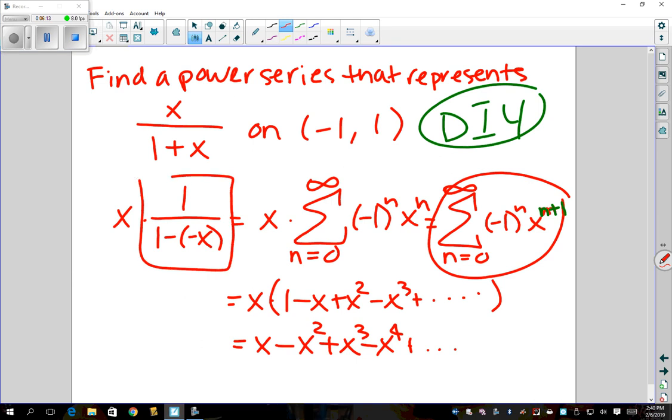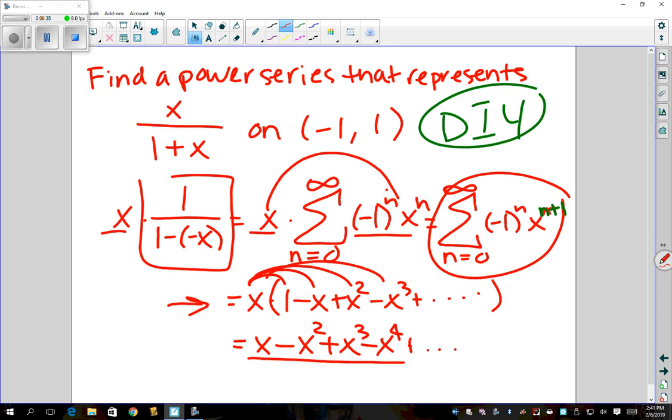We already know that this series is -1 to the n times x to the n, and we multiply that series all by x, so you can see we infinitely distribute, but then this ends up being -1 to the n times x to the n plus 1. You can do it this way, or you can just distribute it into the series in the original form.